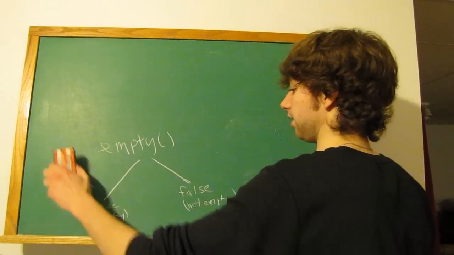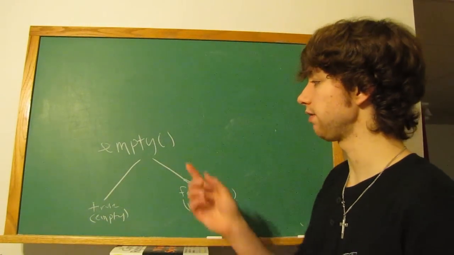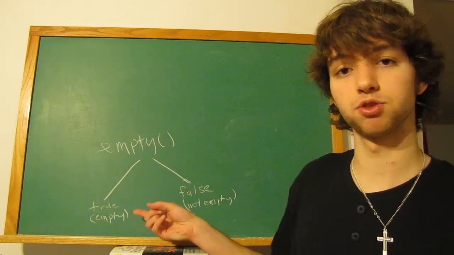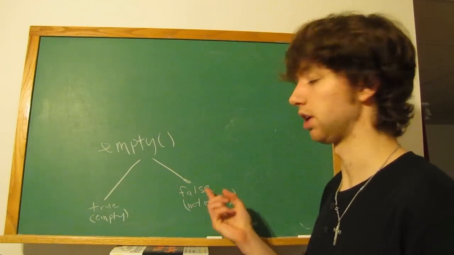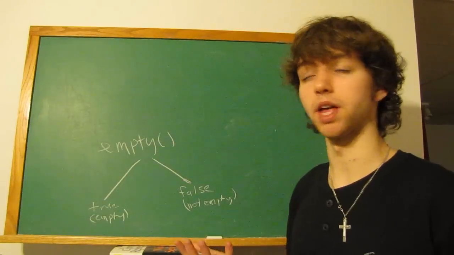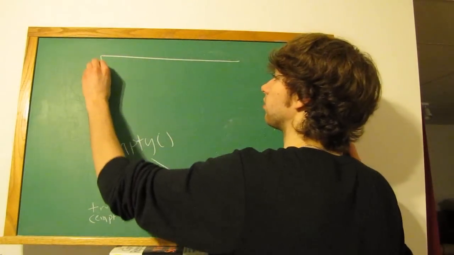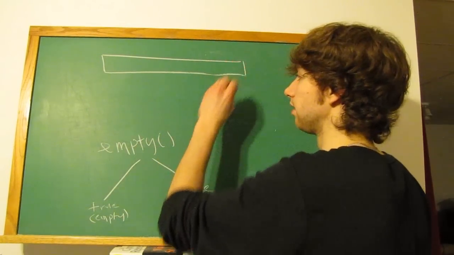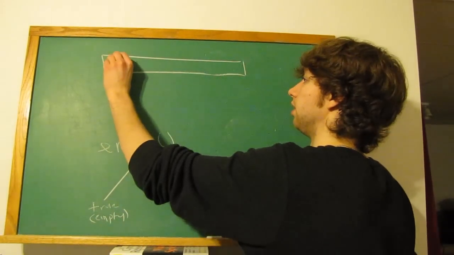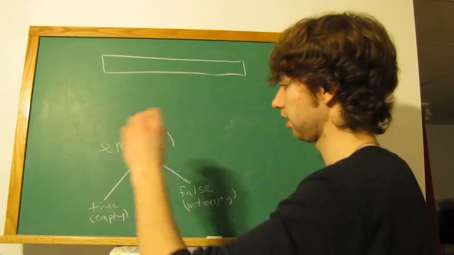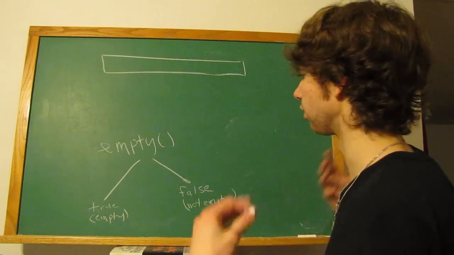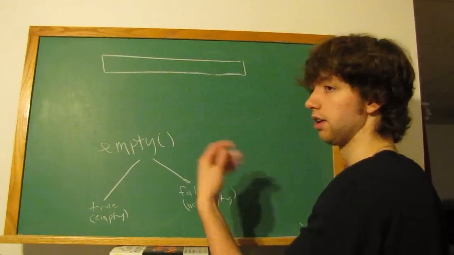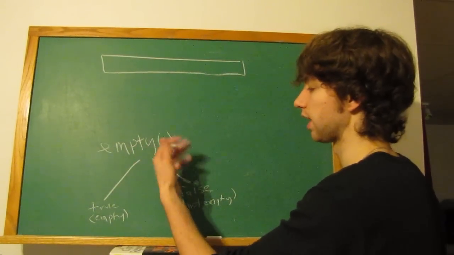Empty, on the other hand, is a little different. Basically, if the value is empty, it becomes true. If the value is not empty, it becomes false. So if we have a string like this, an input type, and we put nothing, we leave it blank, what empty does is it tests if it has any empty or false value.